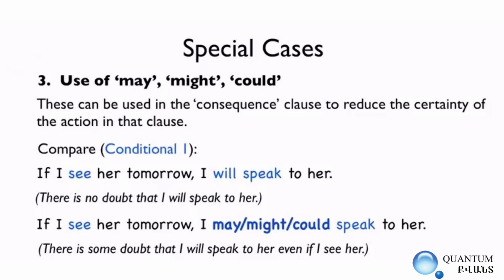And here we have another sentence with may, might, and could. If I see her tomorrow, I may speak to her, or I might speak to her, or I could speak to her. This means that there is some doubt that I will speak to her even if I see her.